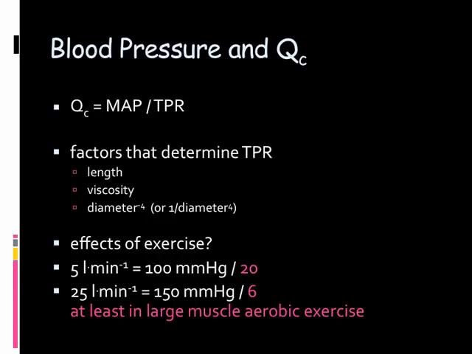And what happens in exercise to the length of the vessels? We can say there's no change. Obviously, the vessels themselves don't stretch in exercise, but since in exercise we do open up more vessels to allow blood to flow through them, the functional length in the system does change a little bit, but it's such a small effect that although we have to tell you here that length is a factor, we are not going to worry about it during exercise.